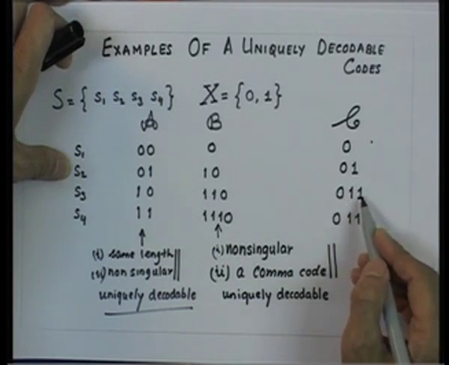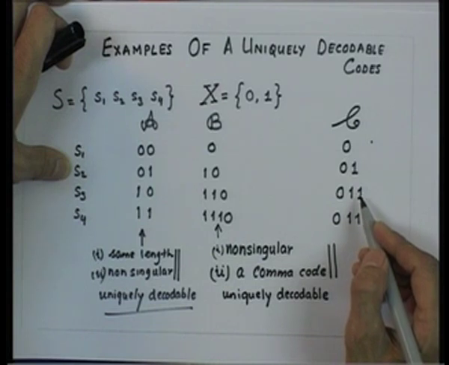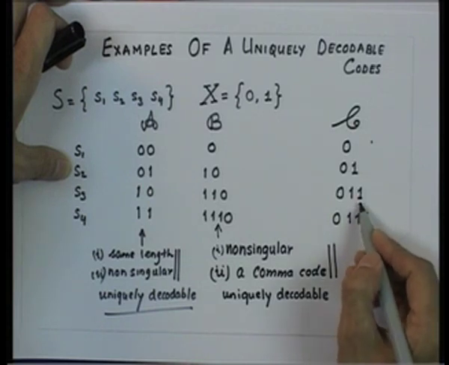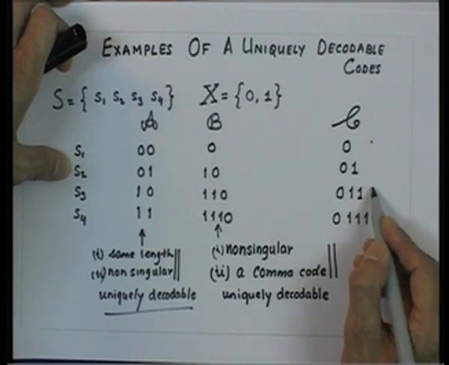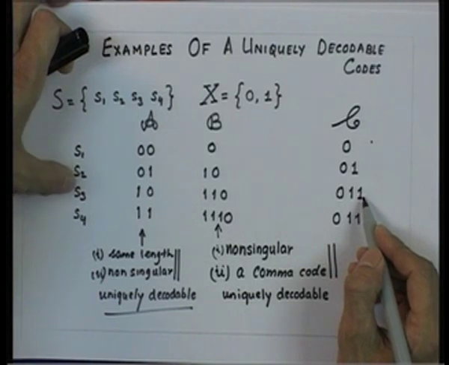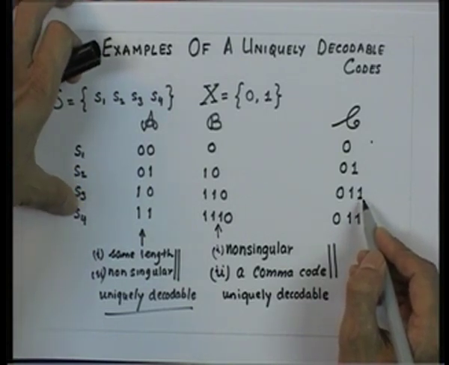Because if the next code symbol is 1, then it could be either S3 or S4. After this, if I receive 0, then I can say that 0 1 1 is S3, but if I receive 1, then I have to say that it is S4.